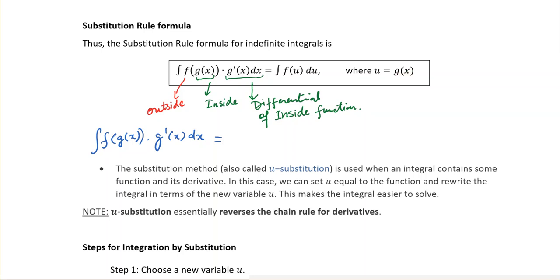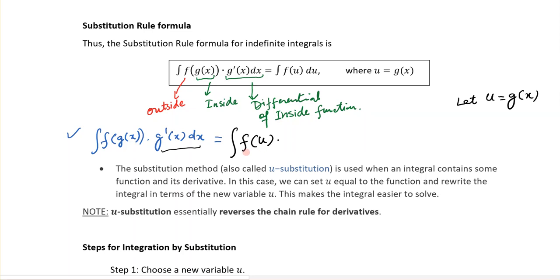Basically we can start with the left hand side of the formula and we can substitute. Let u be equal to g of x. Then we also try to find the value of du, because if I just do this, I get f of u. So what about the last expression, g prime x dx?